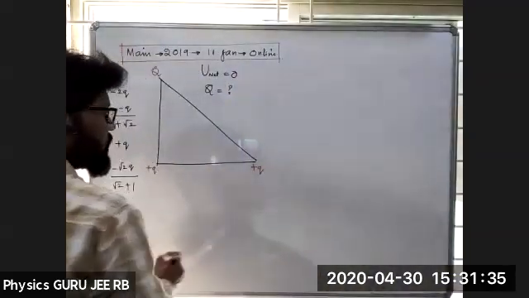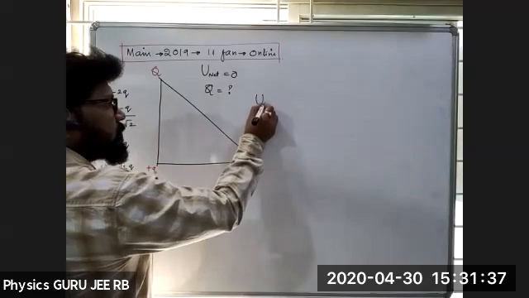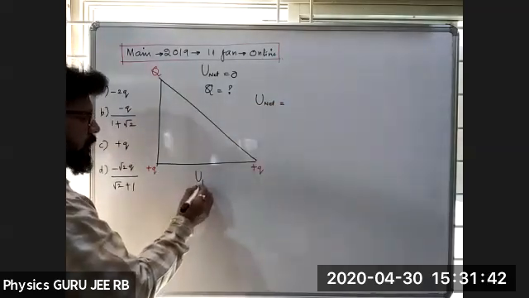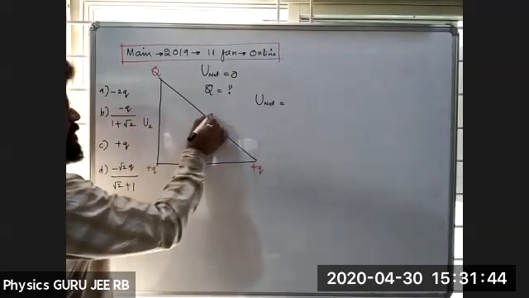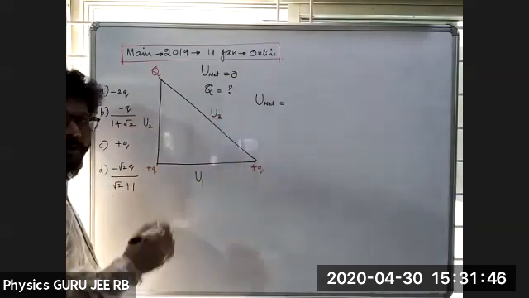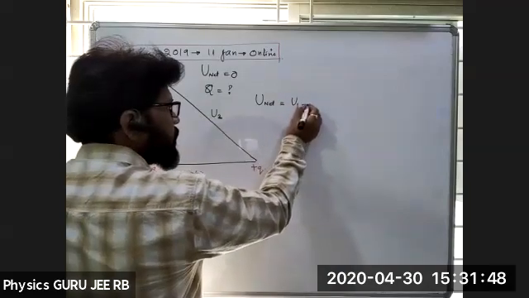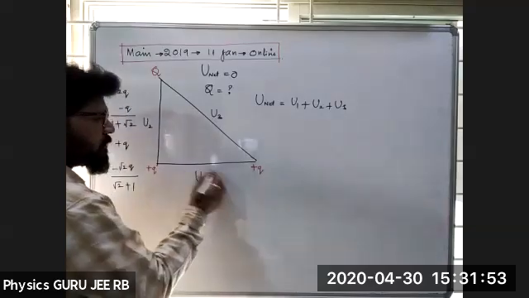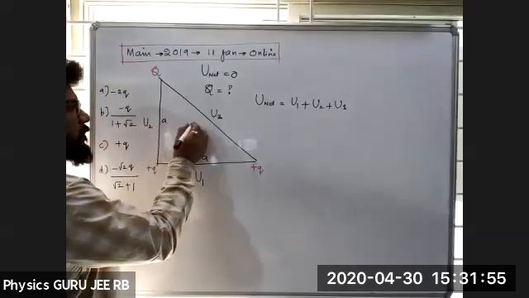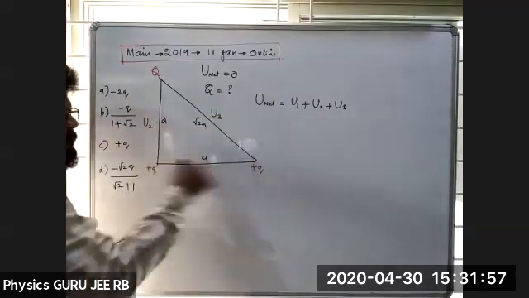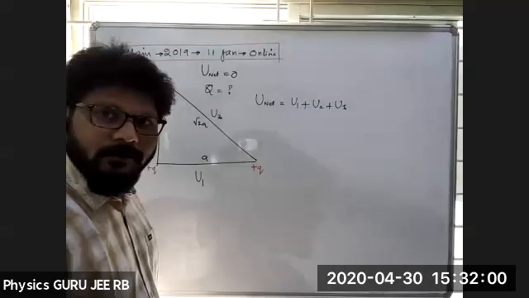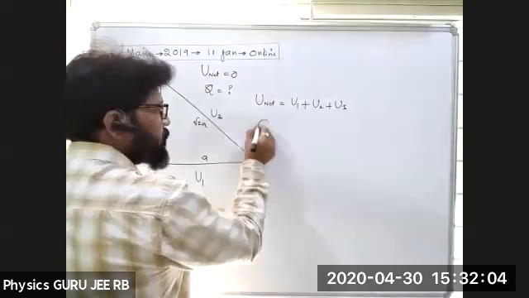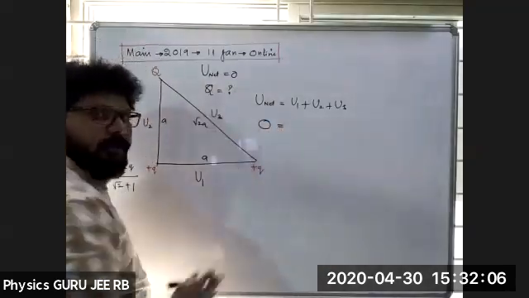Net potential energy of the system: between these two, let me take 1 potential energy, here 2, 3rd potential energy. So U1 plus U2 plus U3. Obviously, these two are same sides, A and A. This will be root 2 into A, right angle isosceles triangle, given, right? So U1 plus U2 plus U3 should be equal to 0, already given.